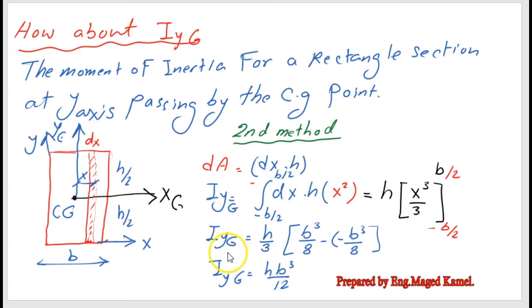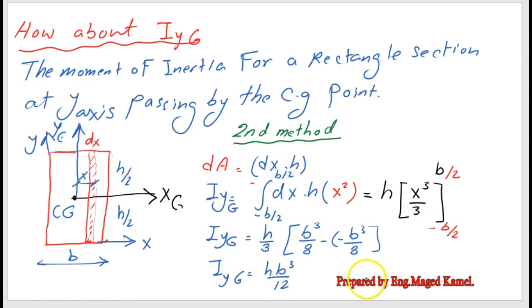Then Iyg equal to h over 3 will come out, with the upper bound x cubed equal to b over 2 all cubed, which will give us b cubed over 8. Multiplied by 3, it will become 24. Then if we take 3 out, we have a new bracket, b cubed over 8 minus, and inside another small bracket, minus b cubed over 8.